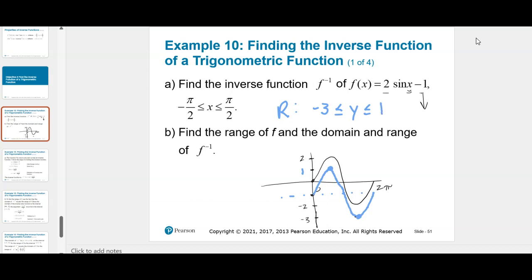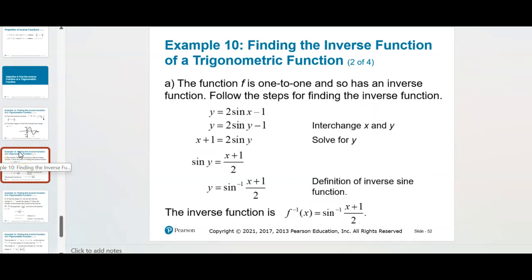So when we find the inverse, this will become the domain, and then this will become the range. That's the property of inverse functions in general, not exclusive to the trigs. The x's and the y's switch places. So instead of f of x, we call it y. We switch the x and y around, and then we start solving for the new y. This should have been an x.